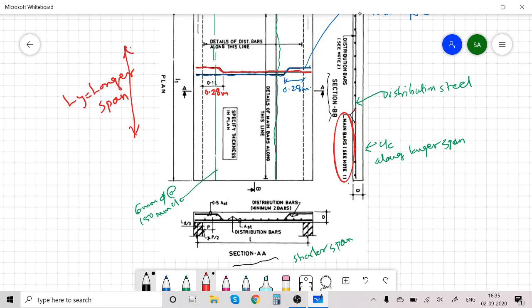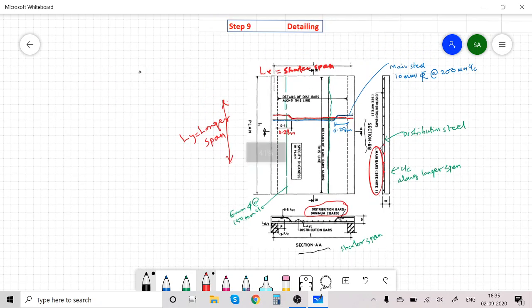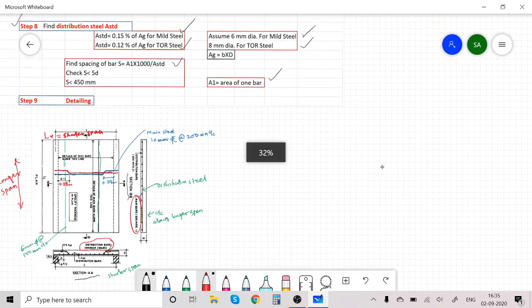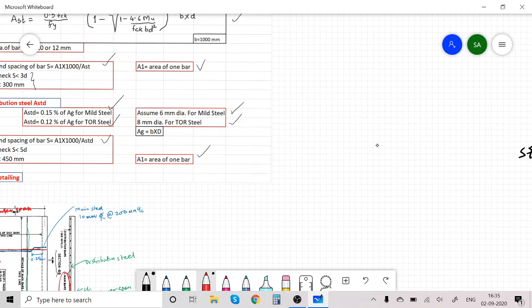And remember, where the bars are bent and taken up, you will provide minimum 2 bars at the top as distribution steel. Minimum 2 bars. So this completes the design and drawing of one-way simply supported slab. Thank you.